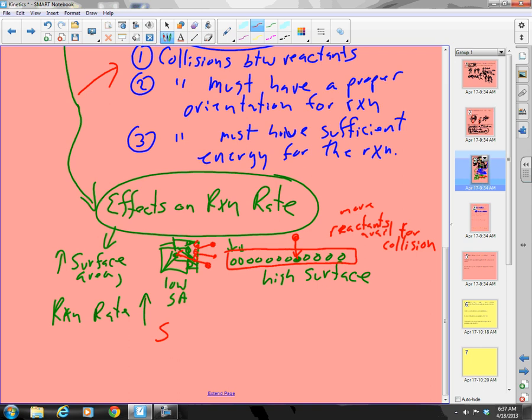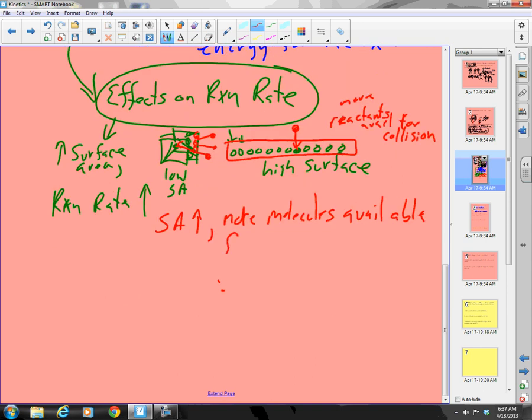Okay, so let's explain that. Surface area goes up. What happens? More molecules available for collisions, and if I have more molecules available for collisions, I'm going to get what?